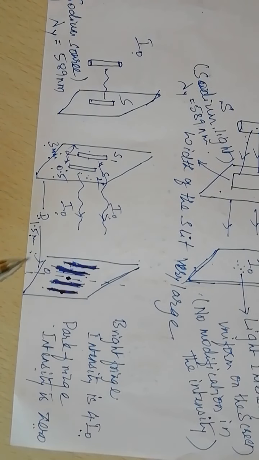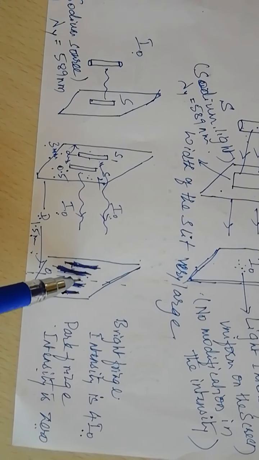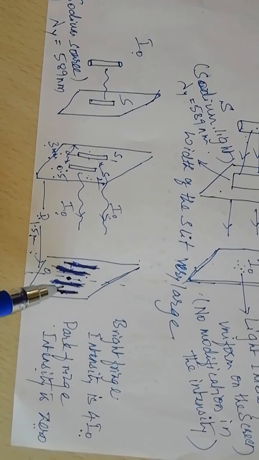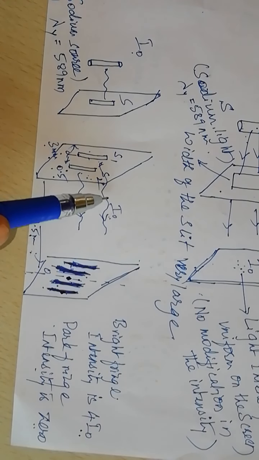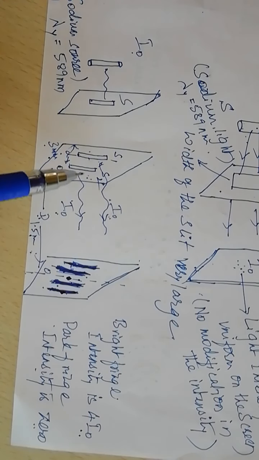Further, we discuss in detail the intensities of bright and dark bands, whether the amplitudes are different or the same, and the ratio of the brightness of the bright band to the brightness of the dark band, the ratio of the intensity of light coming from the two sources, and so forth.